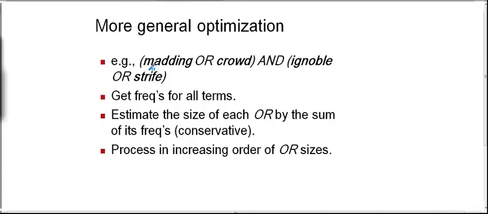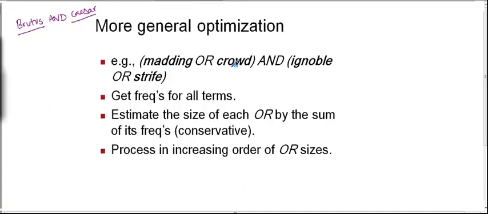Well, just as for the AND heuristic, we said that the length of the postings lists gives the estimate of the answer. If we do Brutus and Caesar, we saw that the length of the answer is going to be less than or equal to the smaller of these two postings lists.